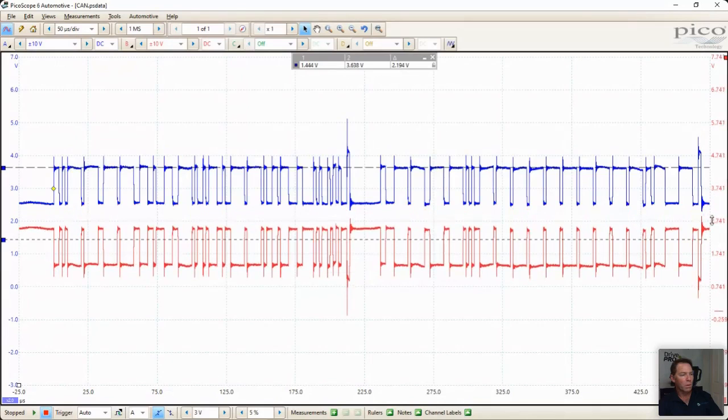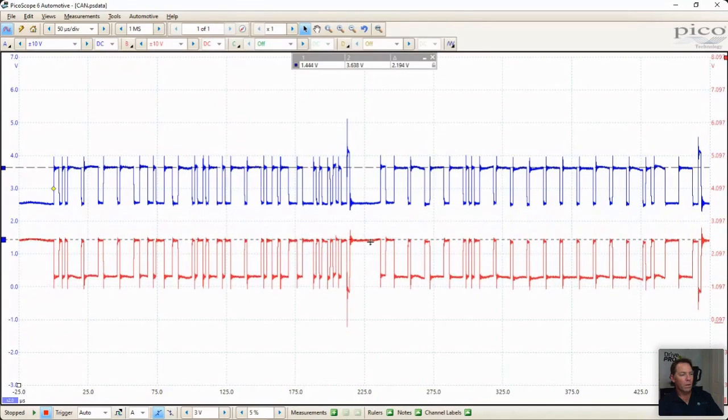If we have a quick look at it, because it's pulling from what was initially 2.5 volts, we can see on the right-hand side. It pulls from 2.5 volts down to 1.5 volts. I've only got one measurement there, 2.5 to 1.5, our delta is 1.